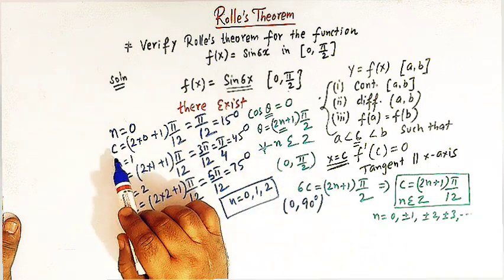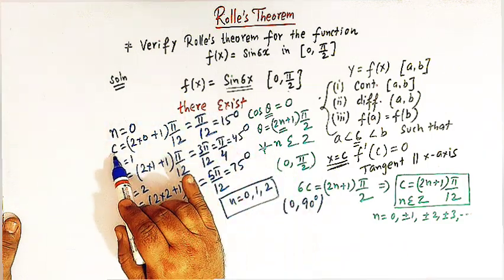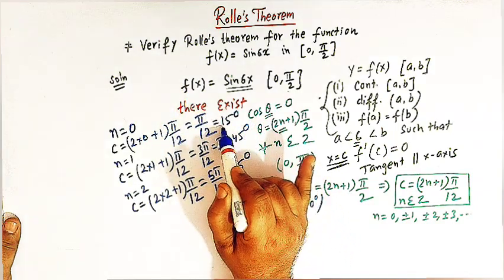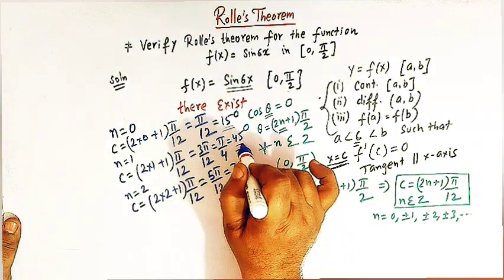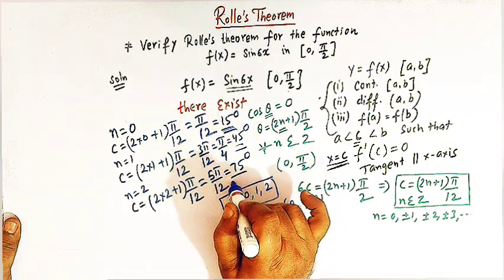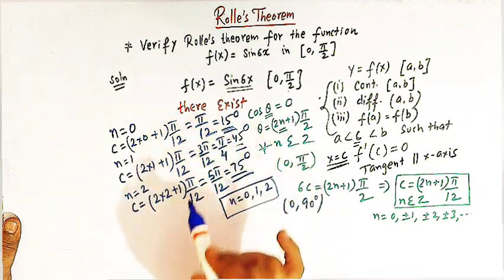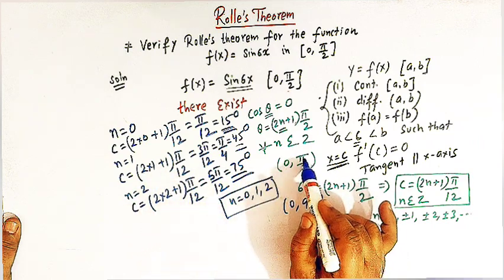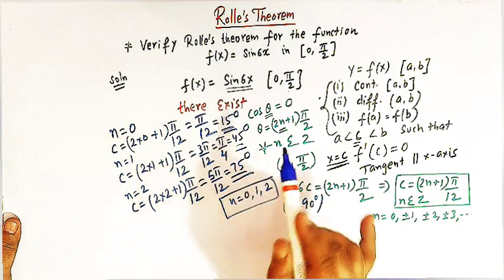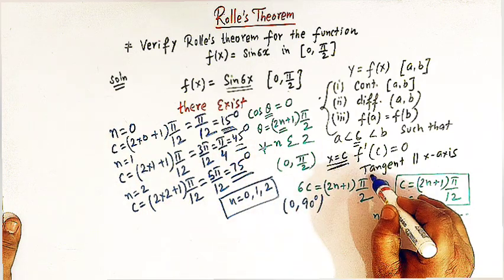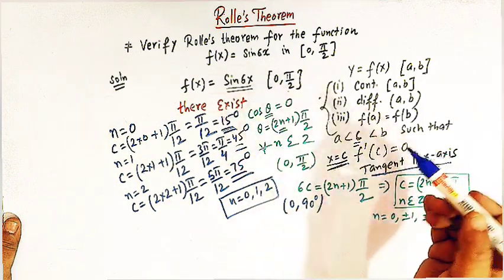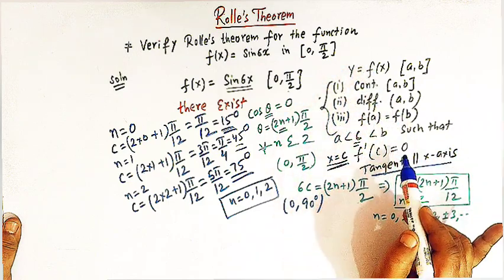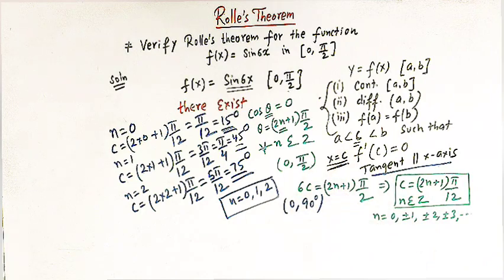So the admissible values of c in Rolle's theorem are given by 15 degrees, then 45 degrees and 75 degrees, right? So here we have three values of c in this interval, that is 0 to pi by 2, where the tangent is parallel to x-axis, right? Or in other words, where the derivative of this function vanishes, right?